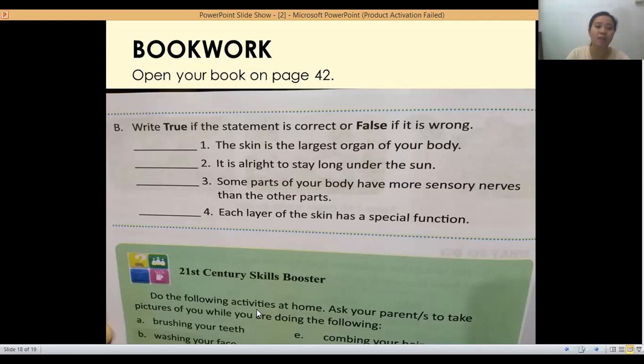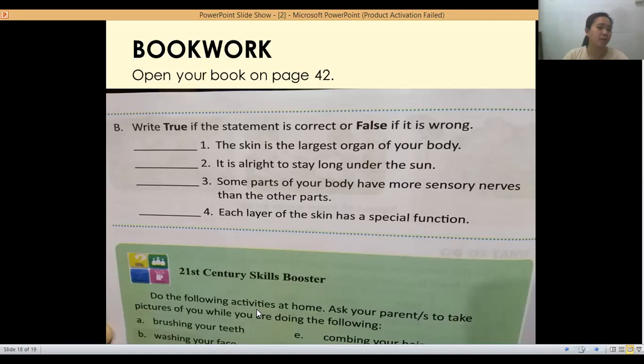I will repeat. The skin on different parts of your body has different numbers of nerve endings. So these nerve endings are the ones connected to the brain. In your face and in your hands you have a lot of nerve endings, while in your back and in your legs, you have fewer nerve endings.